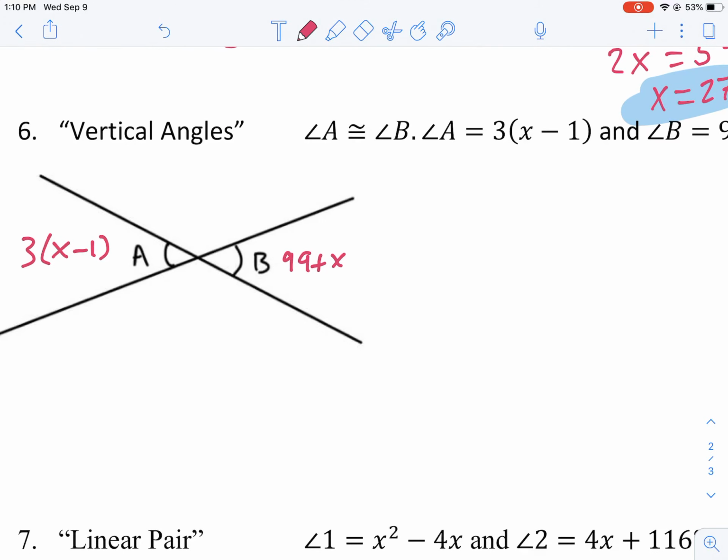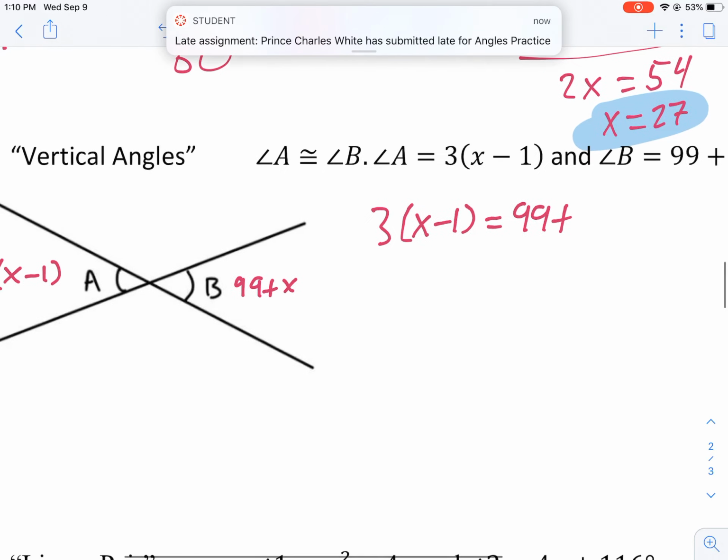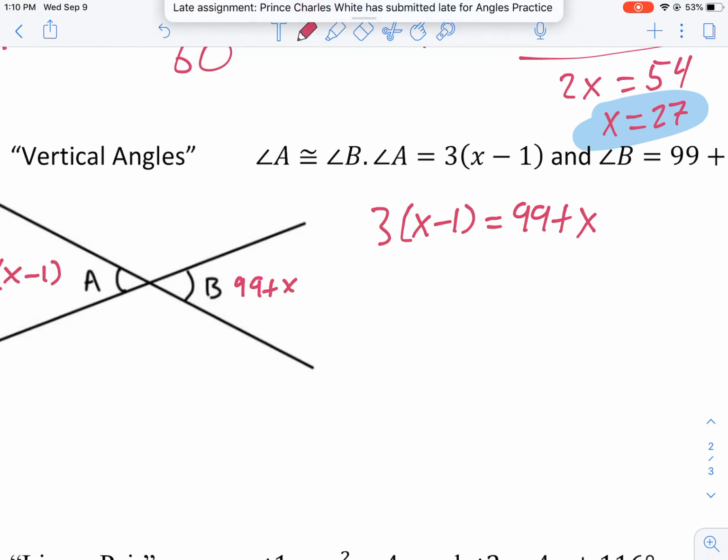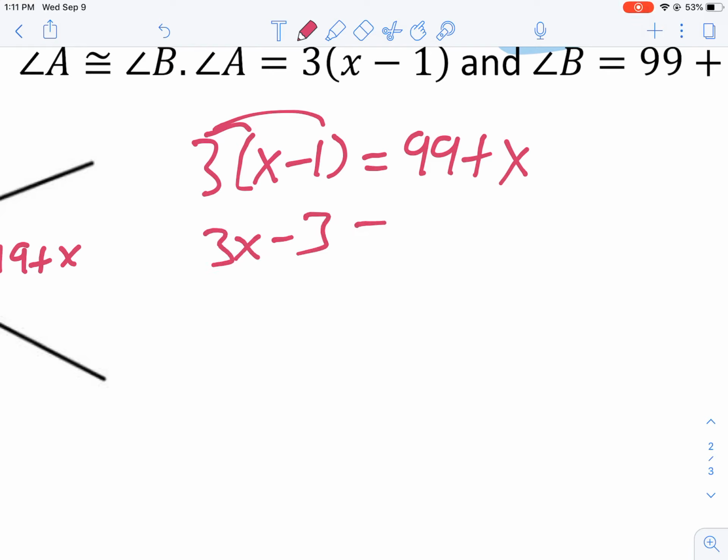Well, just like midpoint, we know that these 2 angles are going to equal each other. So we set them equal to each other, and now we need to solve this. We're going to distribute here to get rid of the parentheses.